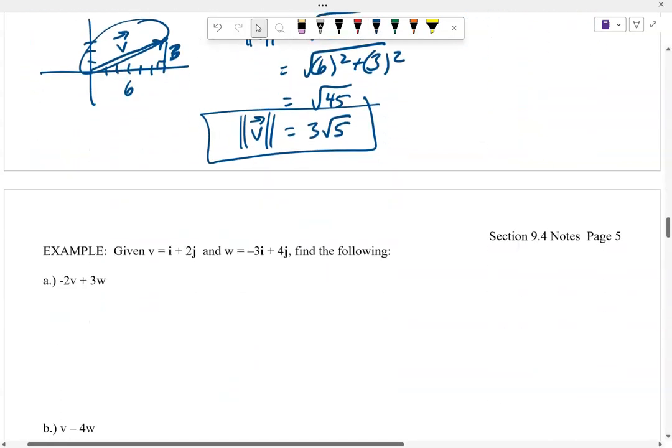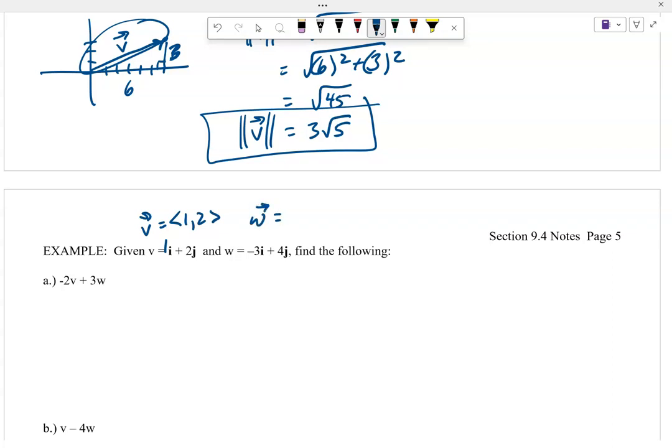All right, now let's work with these alternative forms. You see how this vector v here is a position vector. See how it's 1i plus 2j. So this is 1, 2. That's the other way to represent this. This vector w, we're writing it again in the alternative form, but it's negative 3, 4. That's the position vector. But what we're going to do, since it's easier to work with it algebraically, is go negative 2v plus 3w. So I got negative 2 times v, which is 1i plus 2j, plus 3w.